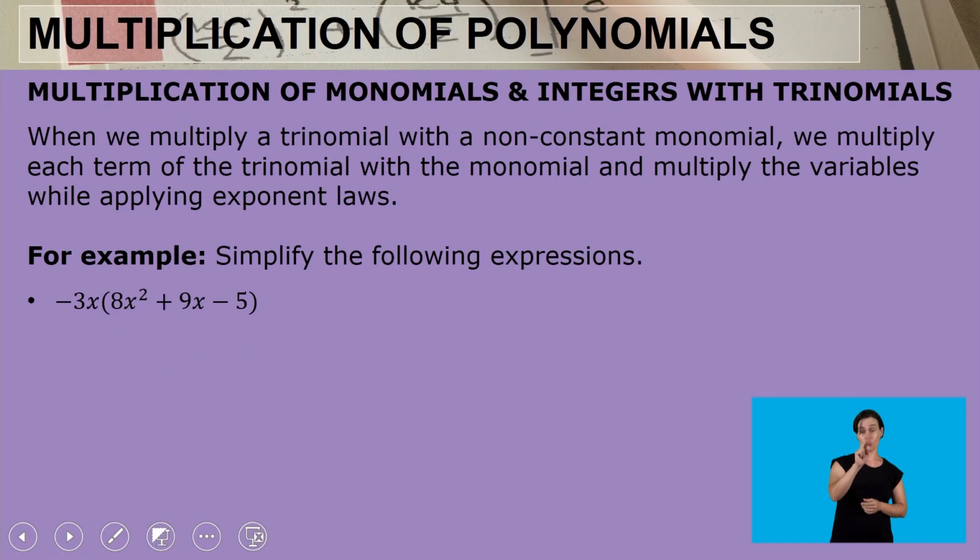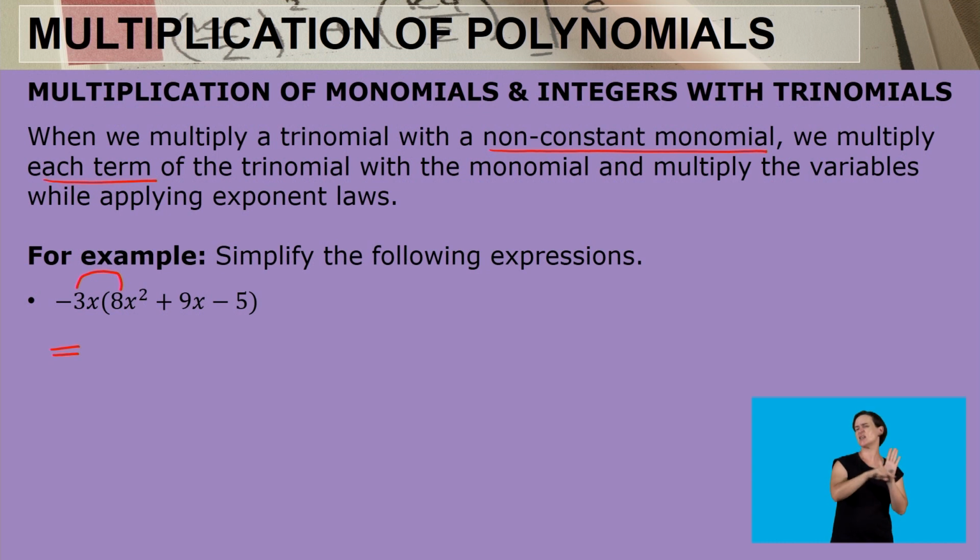What about if we are multiplying a trinomial with a non-constant monomial? Again, we need to make sure that each term in the trinomial multiplies with that monomial. And of course, remember those exponent laws when we are multiplying those variables. So we are going to now multiply negative 3 with the 8.